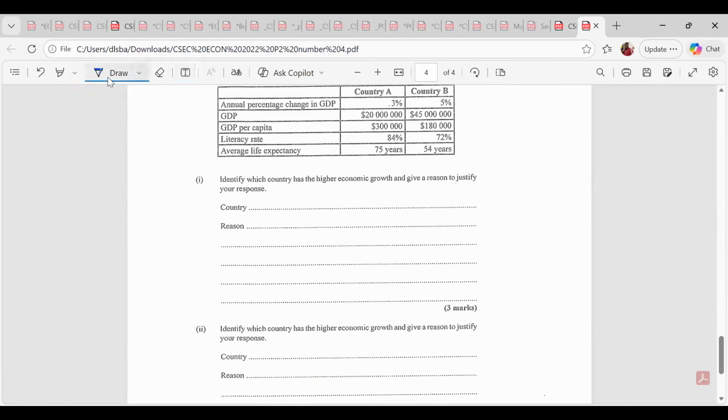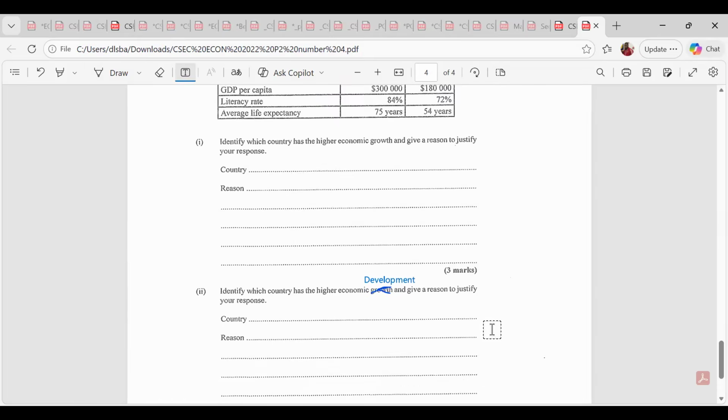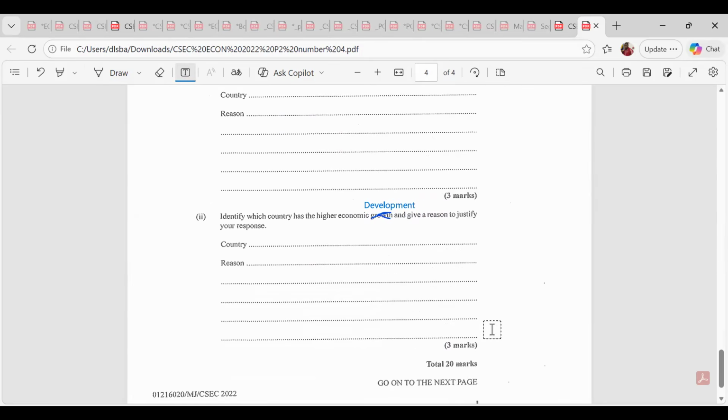They made a mistake in this question as well. They put economic growth twice. This should be economic development. The invigilator may not know unless somebody points it out to them.